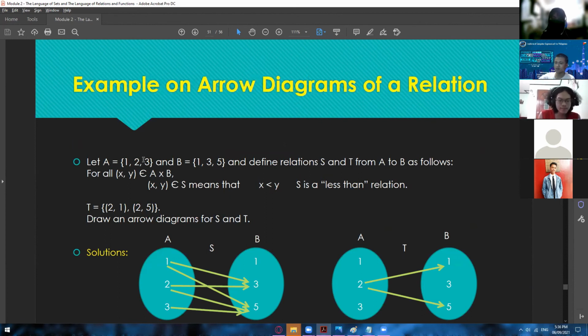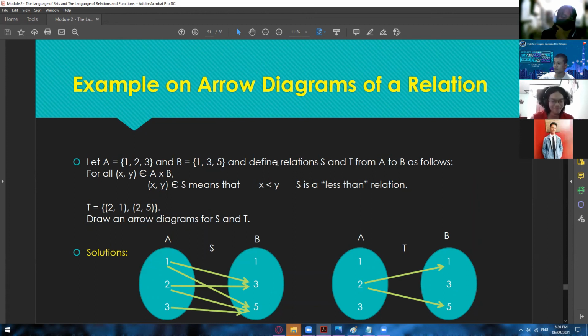Let A equal {1, 2, 3} and B equal {1, 3, 5}. Define the relations S and T from A to B as follows. So A is 1, 2, 3, and B is 1, 3, 5. You have to stick with the correct representation here.